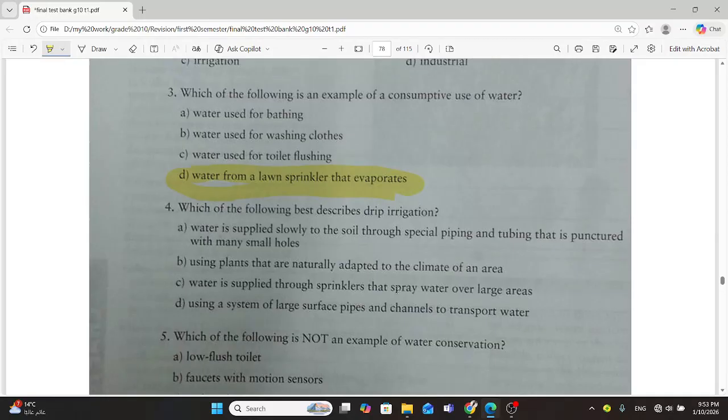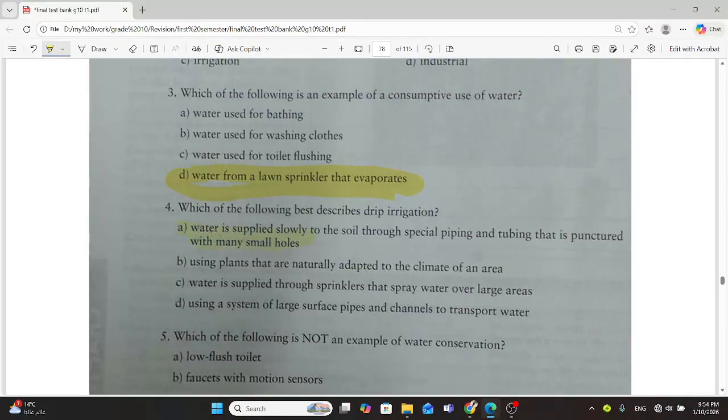Which of the following best describes drip irrigation?